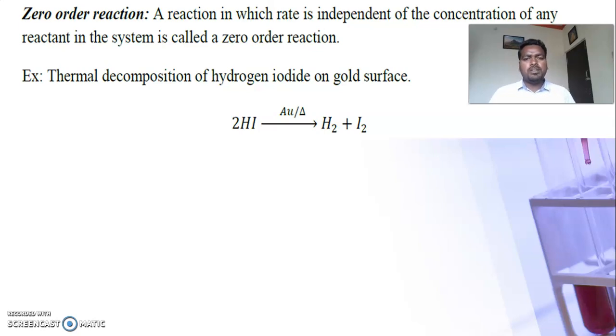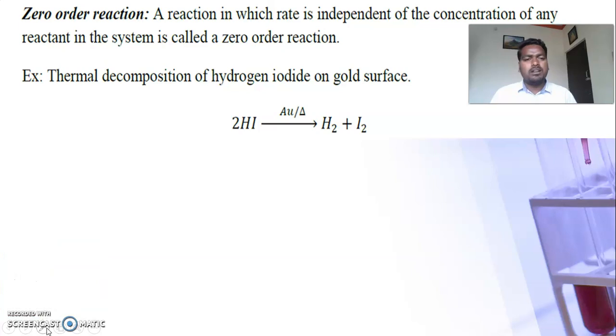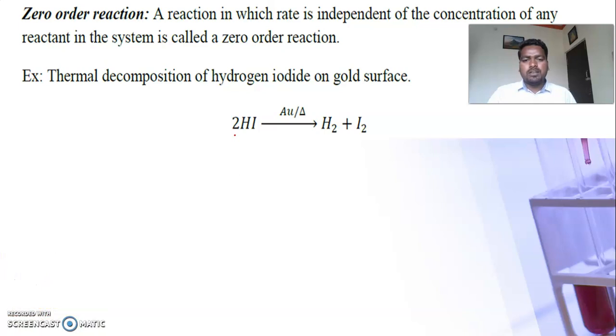Before going to derive the equation: a zero order reaction is one in which the rate of a reaction is independent of the concentration of a reactant. An example of a zero order reaction is the thermal dissociation of hydrogen iodide into hydrogen and iodine.